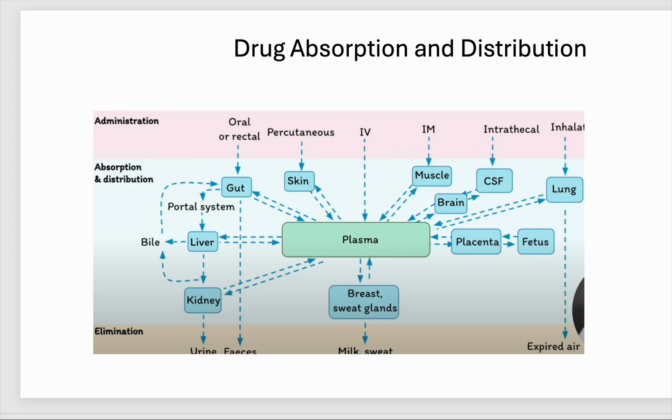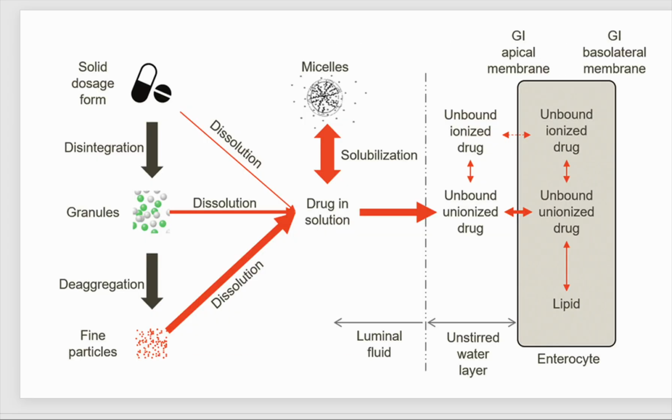So when we are discussing absorption and distribution, we have to discuss the formulation as well. So this is a very brief slide. If the formulation is in solid form, there are various ways. Once you take the medicine in solid form, it disintegrates into granules. Now the dissolution can happen in different forms. It either disintegrates into smaller granules, and these small granules then further deaggregate into finer particles.